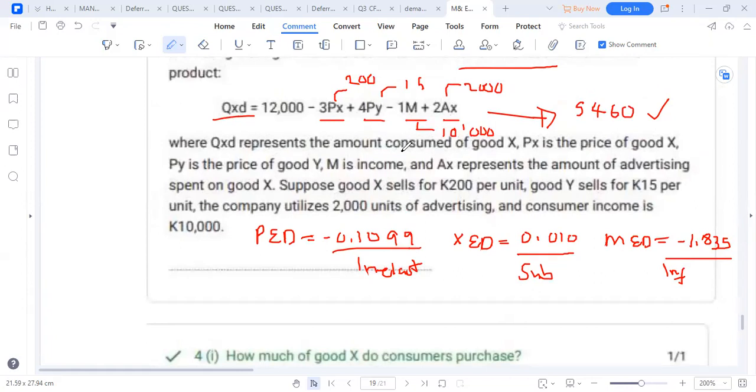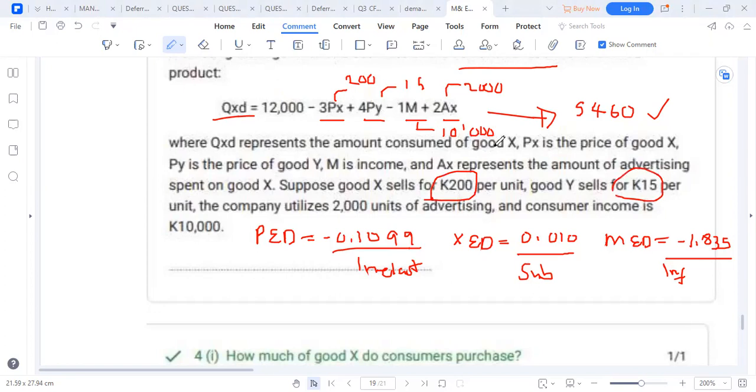The whole lot of it? Yes. Okay, so we're given this equation. We've been given the price of good X, which is 200 kwacha, so where there's X, we'll put 200. And the price of good Y, which is 15 kwacha, so where there's Y, we'll put 15.